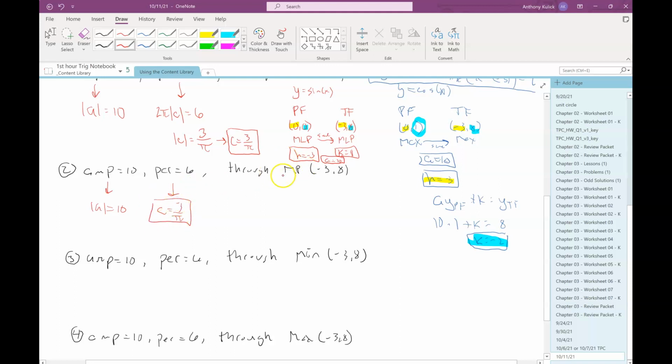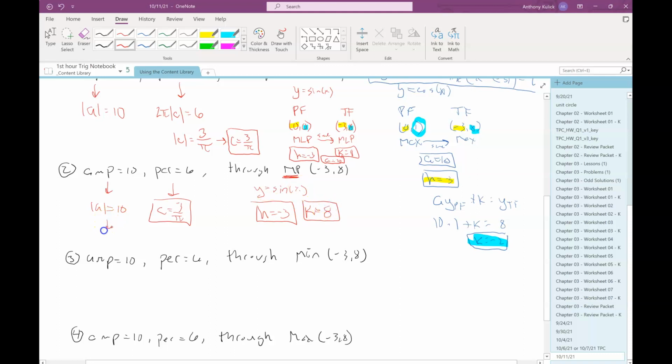Here, though, we're told that the midpoint has to be negative 3, 8. So because I see I'm dealing with a midpoint, I want to use sine, because I know then immediately the h and the k are going to be negative 3 and positive 8.